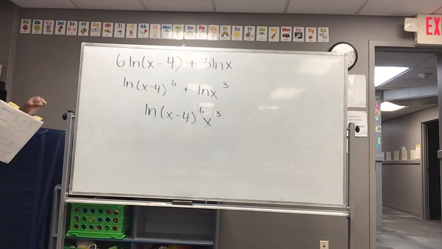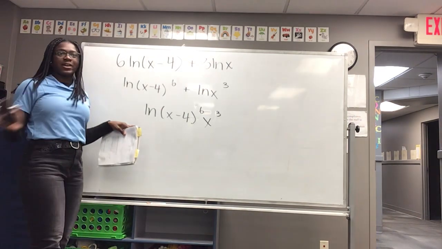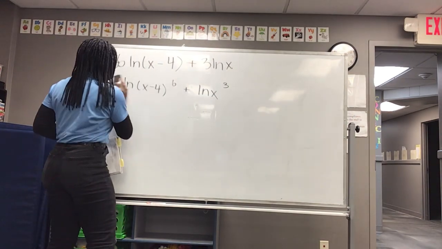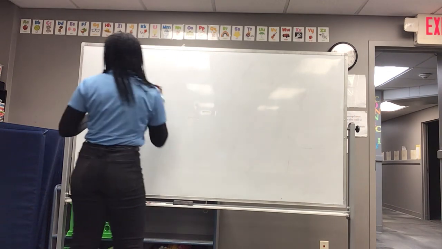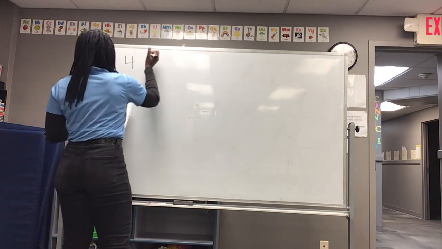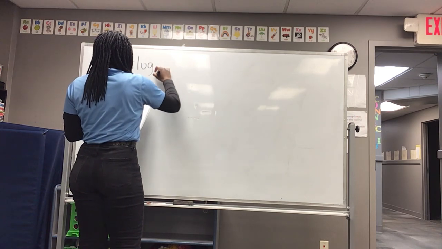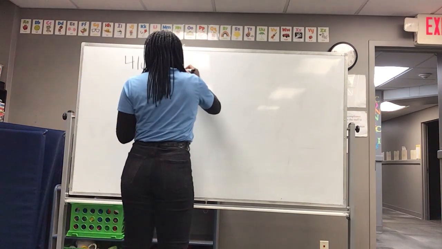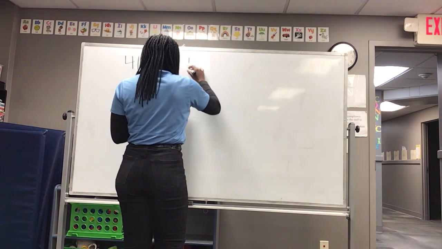Okay, so we'll just keep moving on. So this was one example. I'm going to have you guys try the next one, and I'm going to have you condense it. You know what?